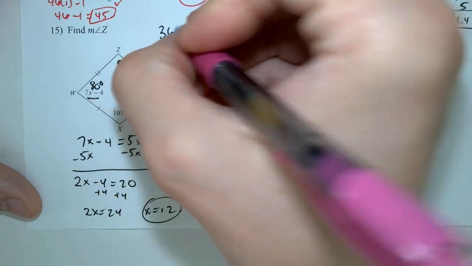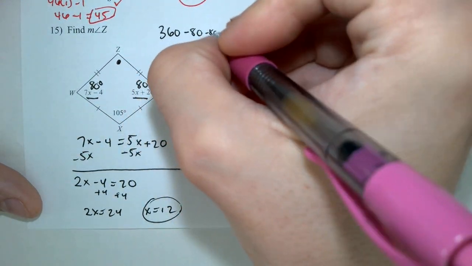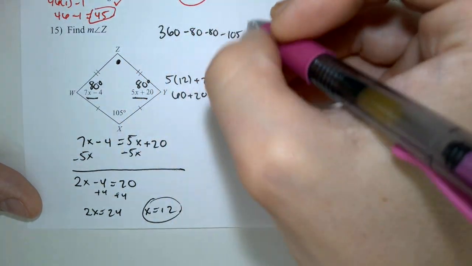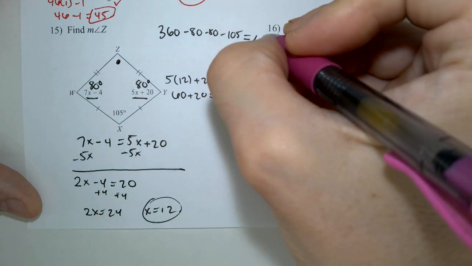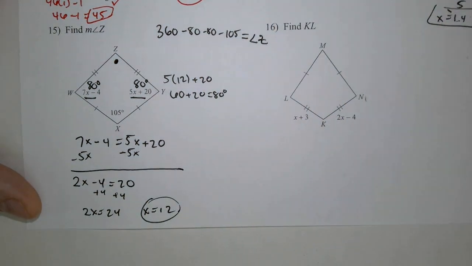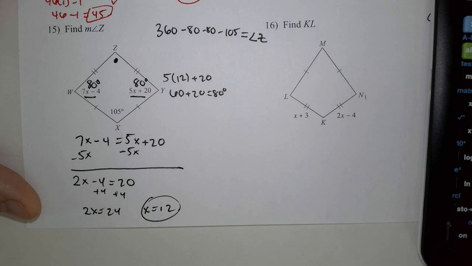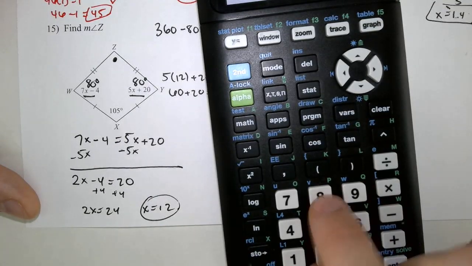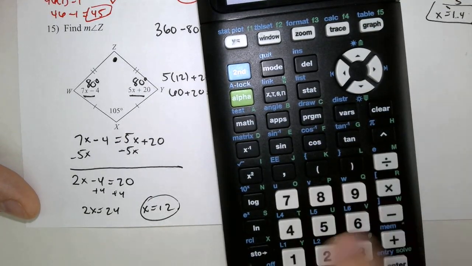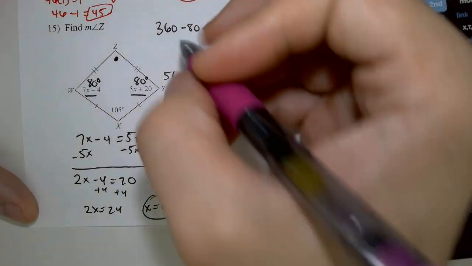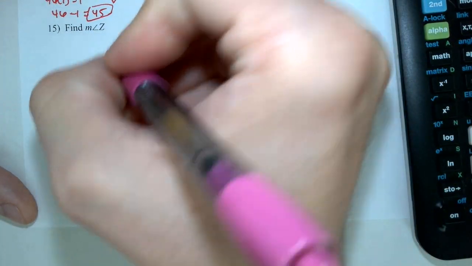So if we take 360 and we subtract 80 and we subtract 80 and we subtract 105, whatever's left is going to have to be angle Z. So let's do that. 360 minus 80 minus 80 minus 105 is 95 degrees for that angle up top.